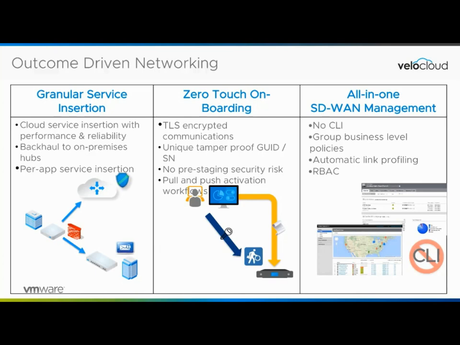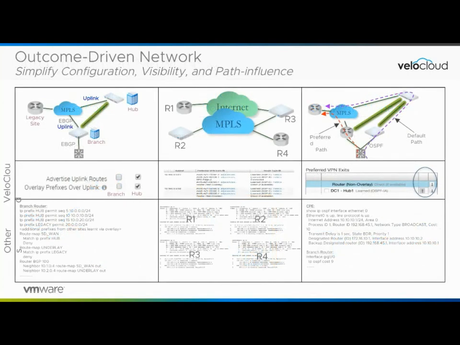I can pre-configure that box from the orchestrator once the box is powered on in the remote site where I don't need an IT staff. Just an internet connection to that edge device, and it can talk to the orchestrator and download all the policies. And then all the provisioning, all the configuration monitoring happening from the orchestrator. All in one SD-WAN management. There is zero CLI involved.